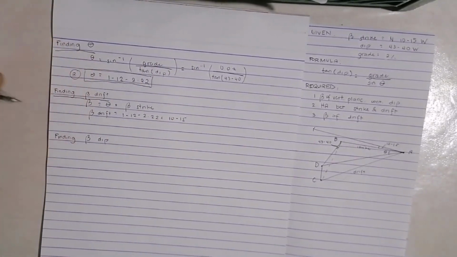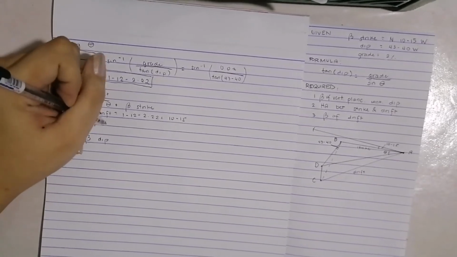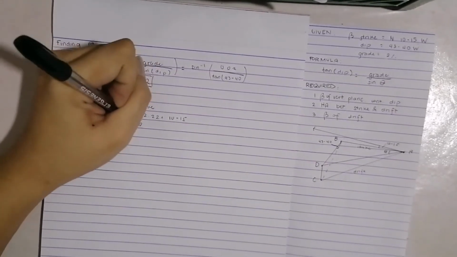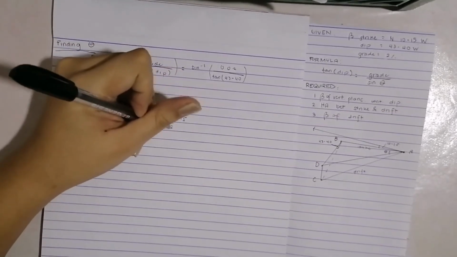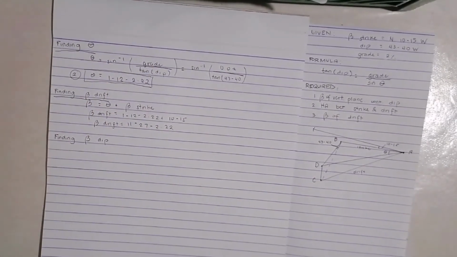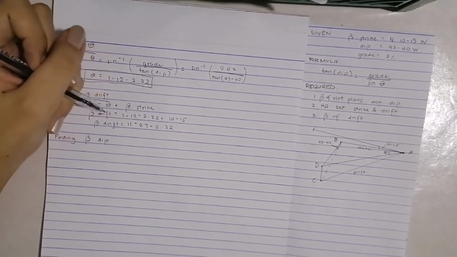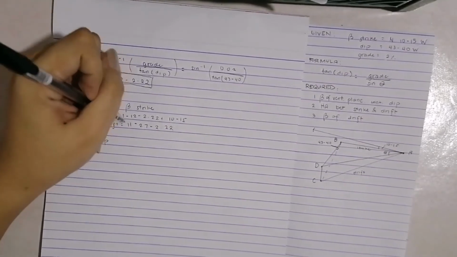Solving for that, we get the bearing of the drift equals 11 degrees, 27 minutes, 2.22 seconds. And since 1 degree lang naman yung ginalaw niya from the strike, nasa northwest quadrant pa rin siya.